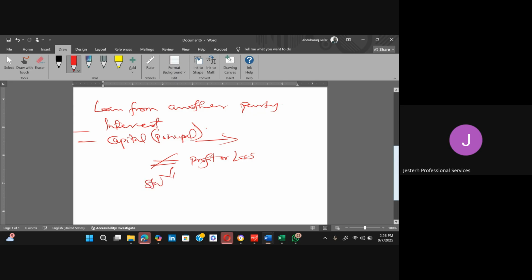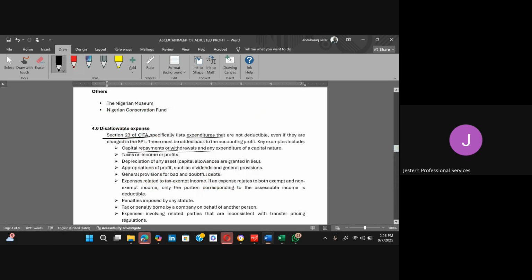Of your statement of financial position. Are you getting it now? So any movement in your principal repayment should also pass through your statement of financial position. So if you now made a mistake and took it to your profit or loss account, it will be added back. I hope this clears now.